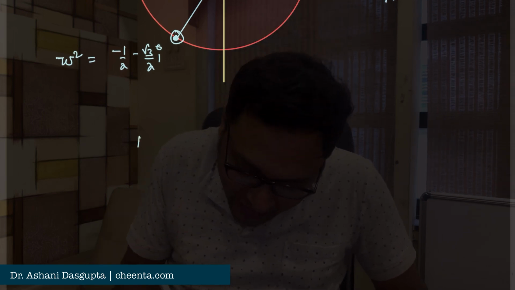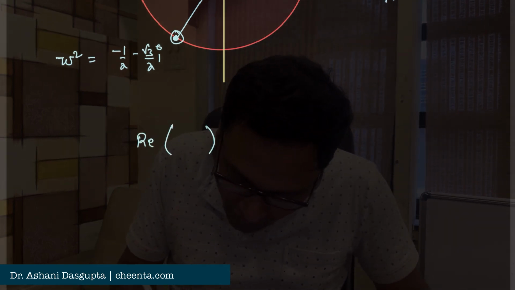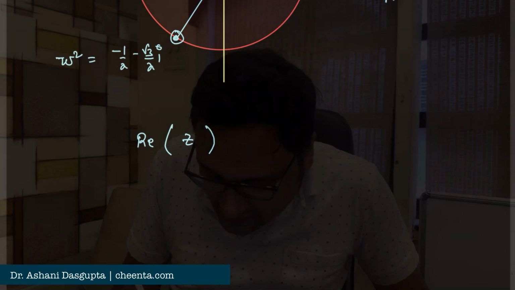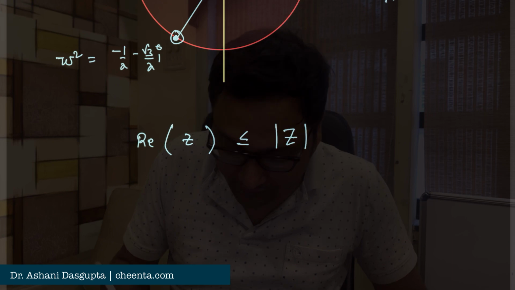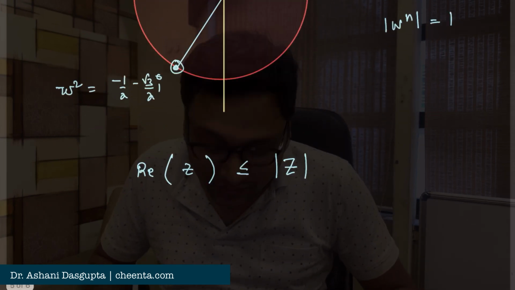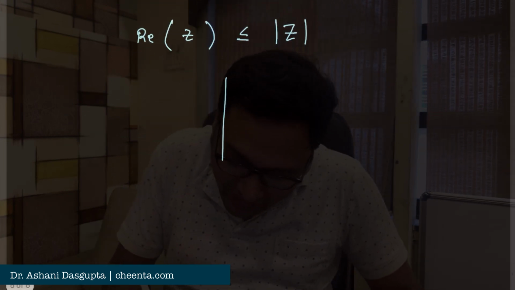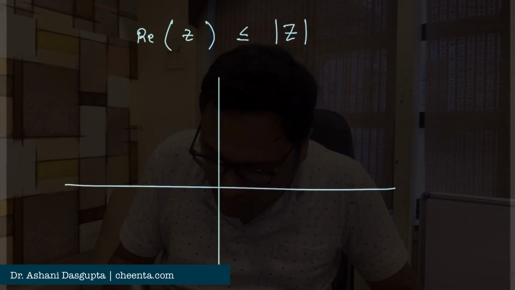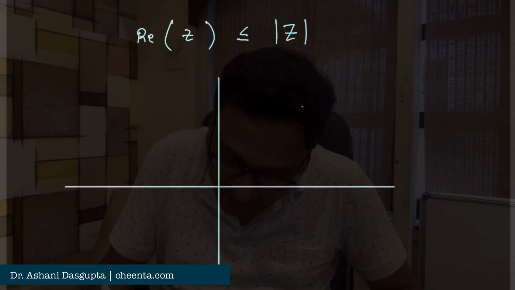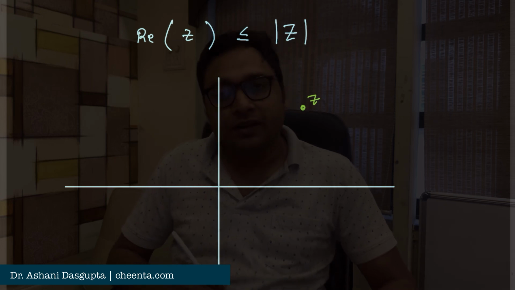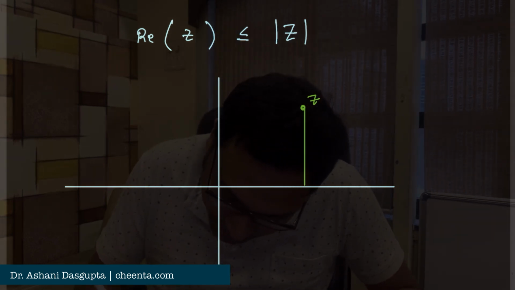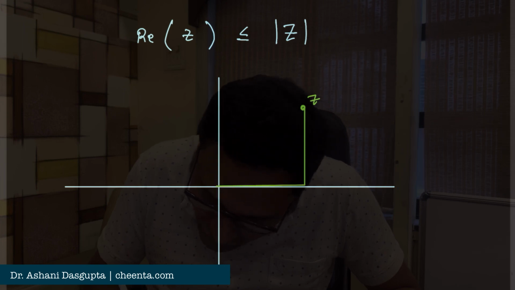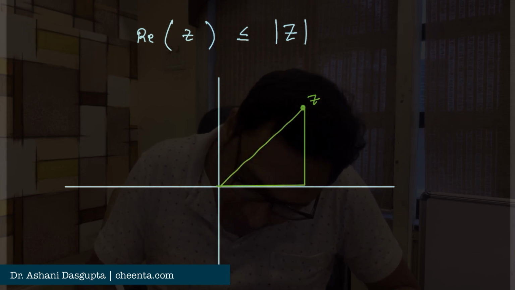So one last thing that we will need is that the real part of a complex number is less than or equal to the modulus of the complex number. And that's very simple. What is the real part? If I take a complex number, it's just a point in the plane. Let's take this point in the plane. Then let's drop a perpendicular and join the hypotenuse.